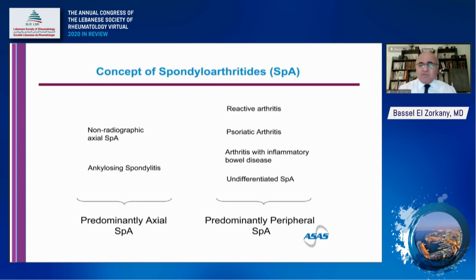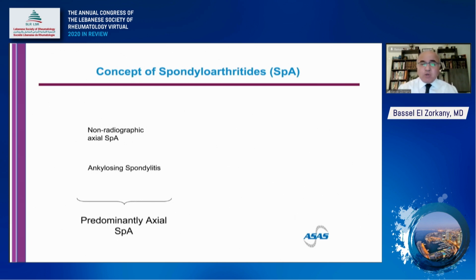When they tend to affect the spine, the pelvis, the sacroiliac joints, the root joints like the hips, we call them predominantly axial spondyloarthritis. My talk today will be only on predominantly axial SPA, and mainly I'll try to cover the non-radiographic axial spondyloarthritis.